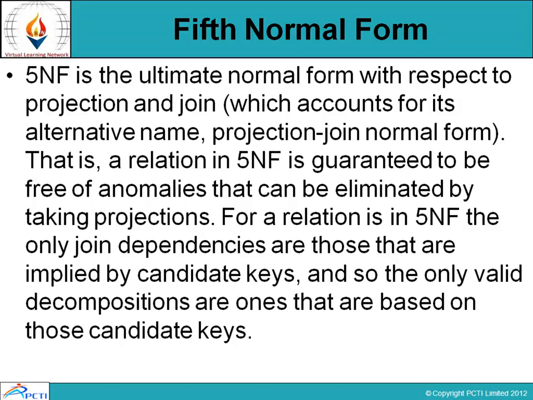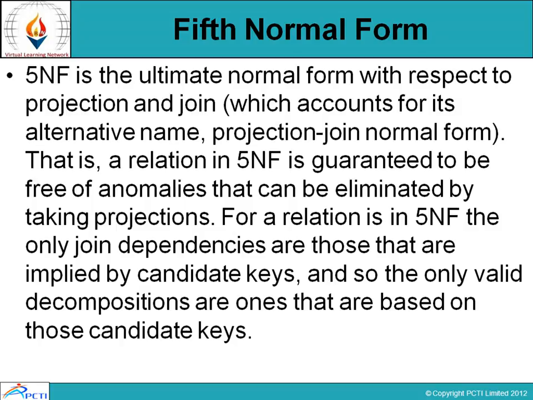Next, after clearing the fourth normal form, we enter the fifth normal form. In this form, tables are in a very clear and simple form through which we can easily do insertion, deletion, and updation. So fifth normal form is the ultimate normal form with respect to projection and join, which accounts for its alternative name, projection-join normal form.